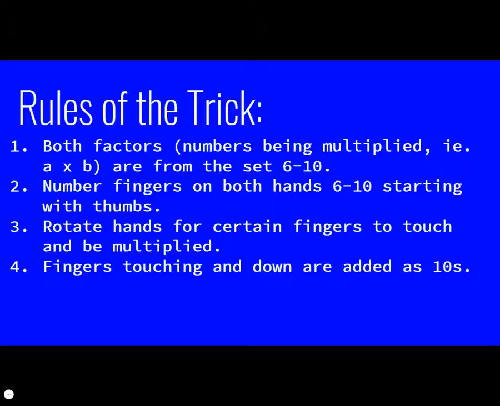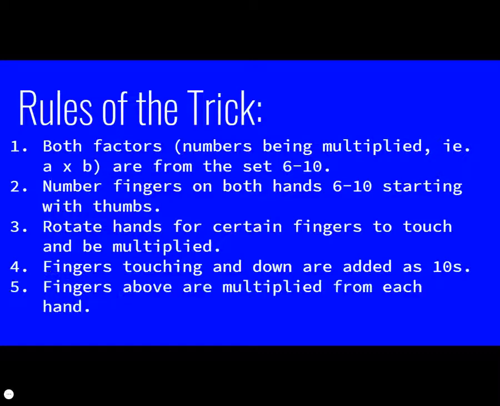The fingers that are touching and the fingers below those fingers that are touching are going to be added as tens. We're going to add them all together as tens. And the fingers that are above the fingers that are touching are going to be multiplied from each hand. So one side is going to be multiplied to the other side.